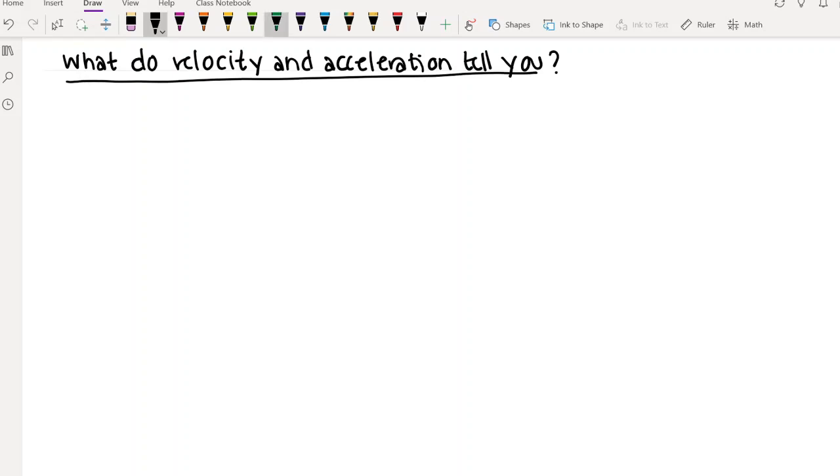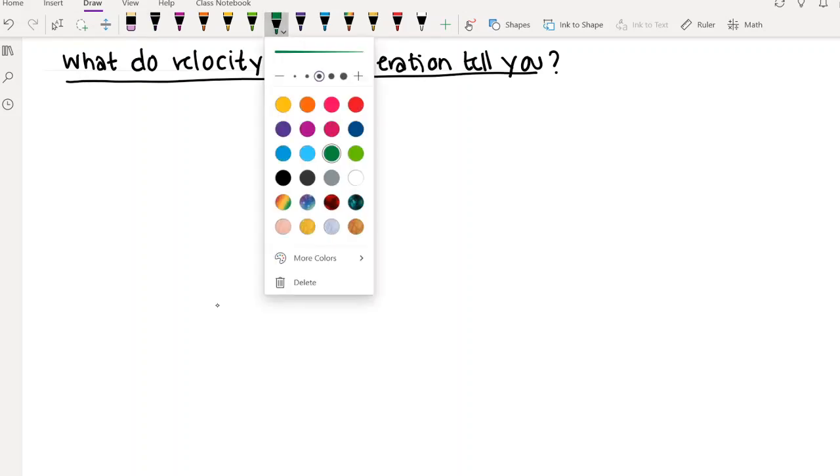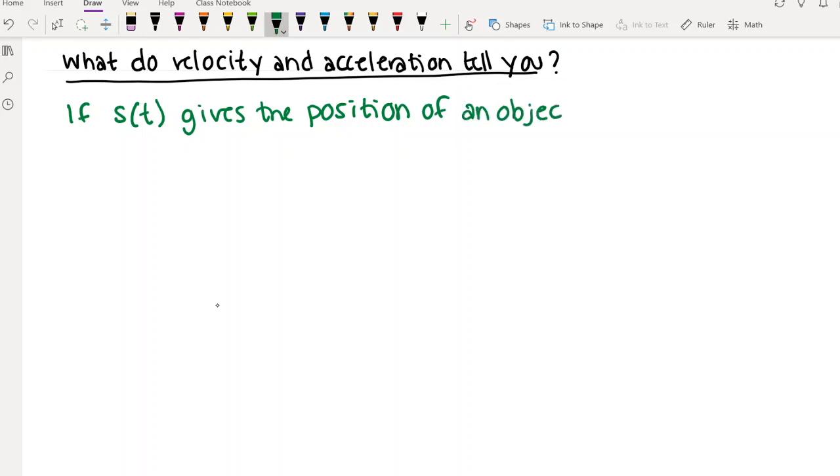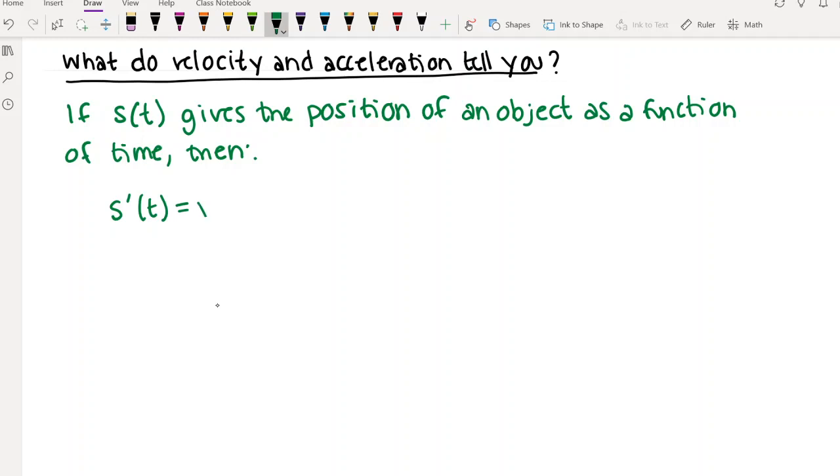So first of all, the most general thing that we saw on the last page is that if s of t gives the position of an object as a function of time, then if you take the first derivative of the position, you get the velocity.